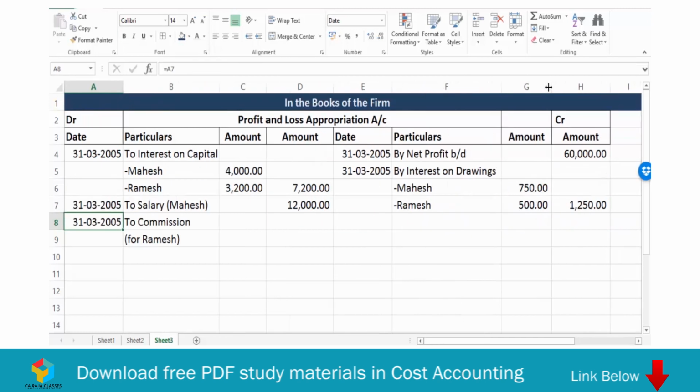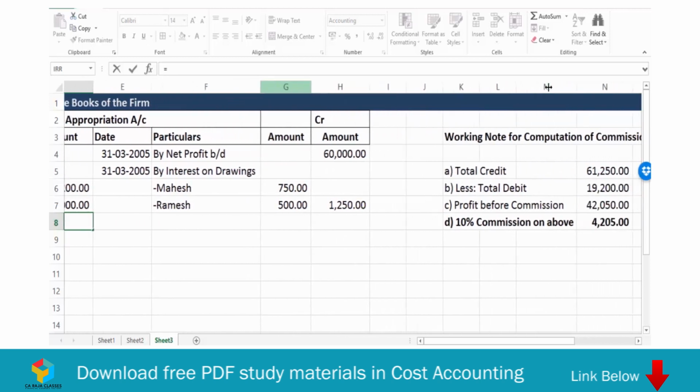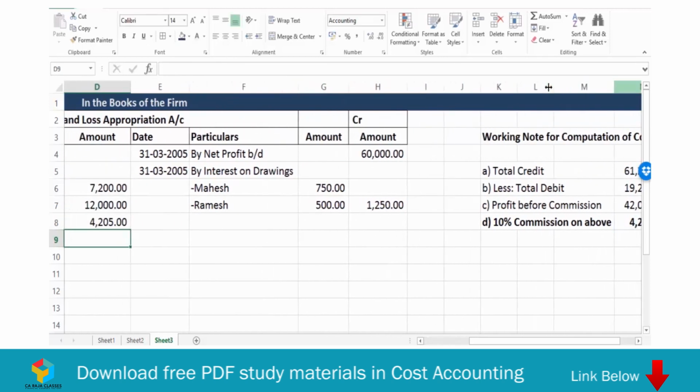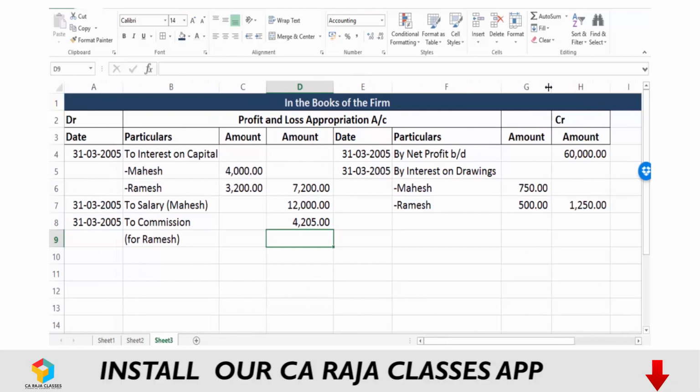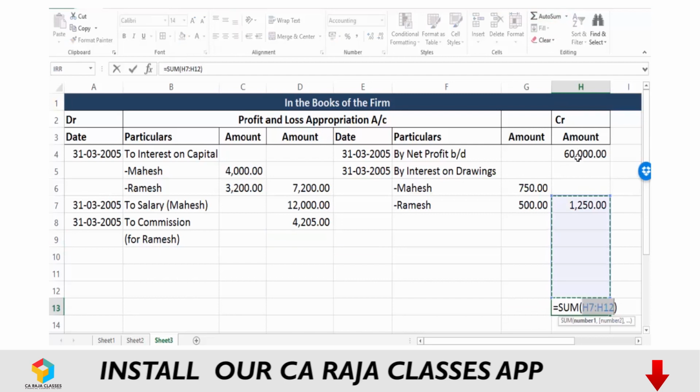So this 4,205 should go to profit and loss appropriation. Let me go here. I'll say commission for Ramesh, I'm going to pick up from this, which is 4,205. So now I have a picture of commission, and I can go and find out what my profit is. But that profit has to be distributed between the partners in the profit sharing ratio. Now let me total this. The total is 61,250.